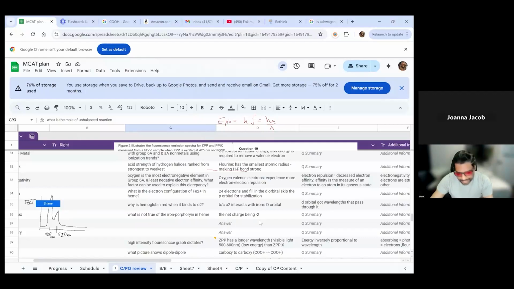And then the x-axis is just your wavelength, and we have two different peaks. Now, let's say that this is a molecule that's exhibiting fluorescence. Which of these peaks is the fluorescence emission peak?